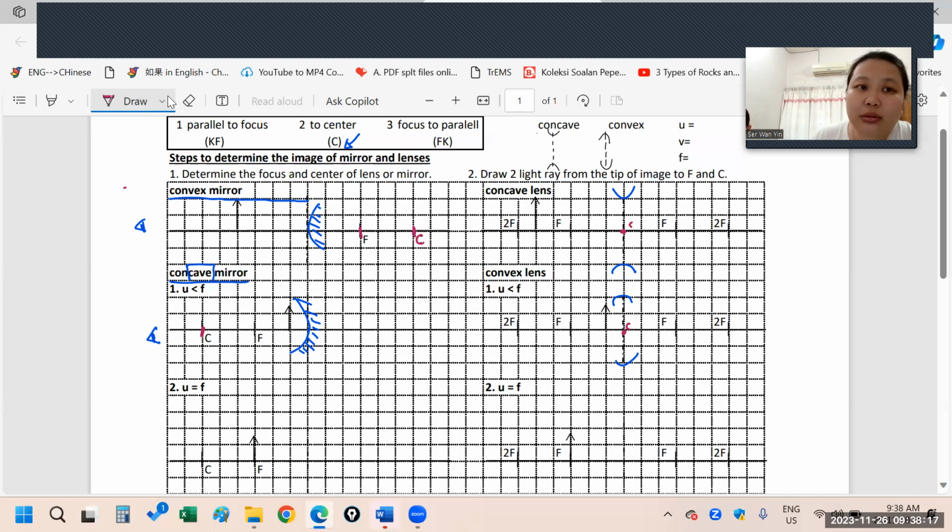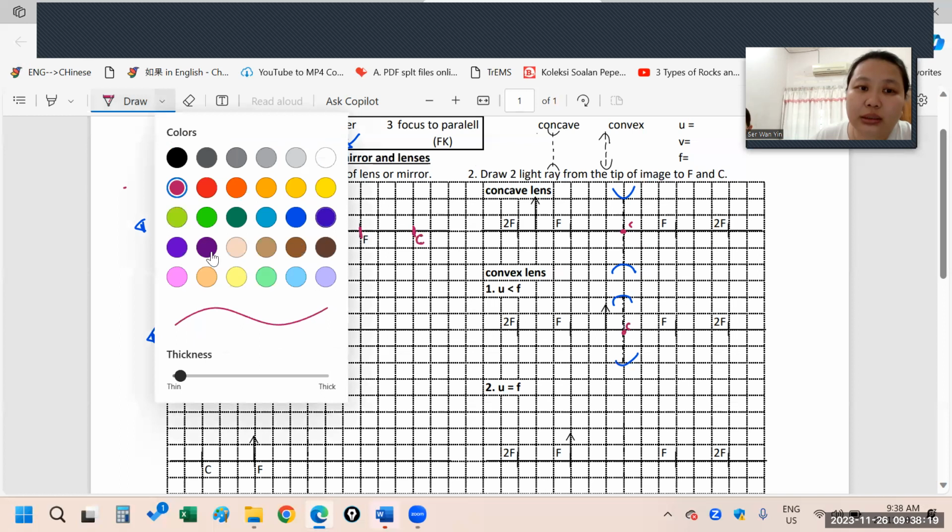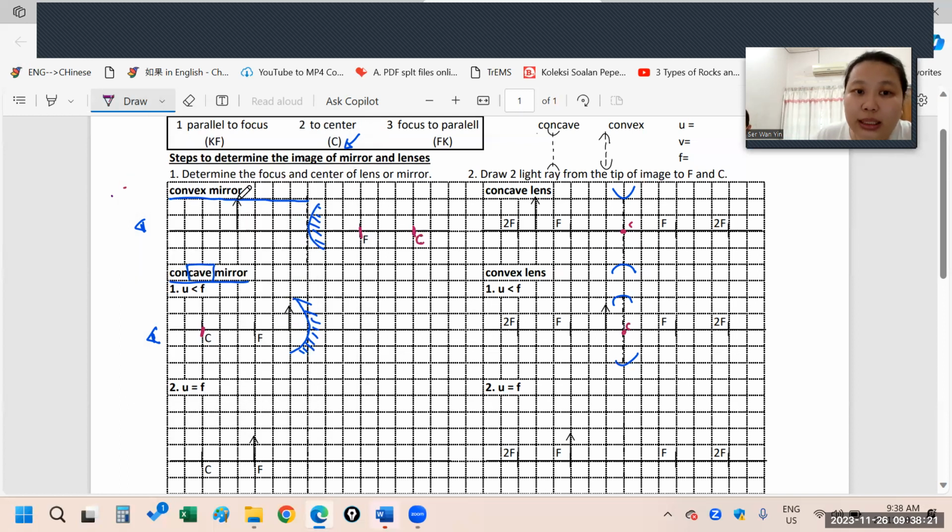Okay, so now how to draw KFC? K is like the ray from the object to the lens or mirror. So always draw the first one like this.